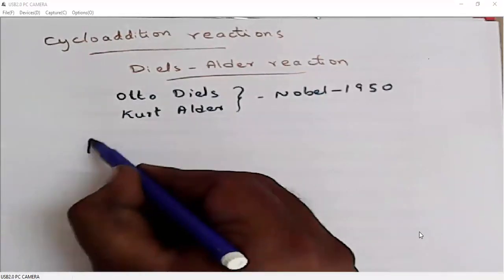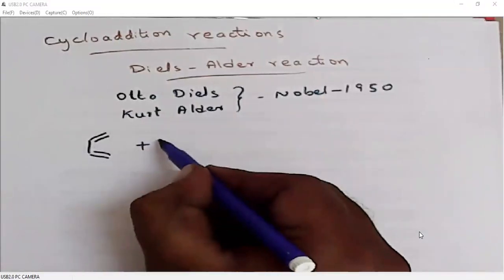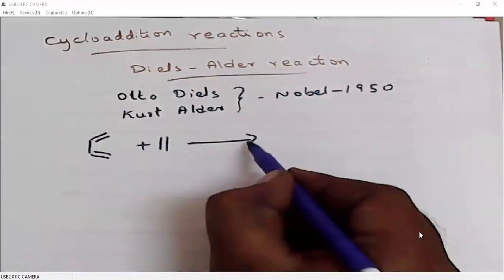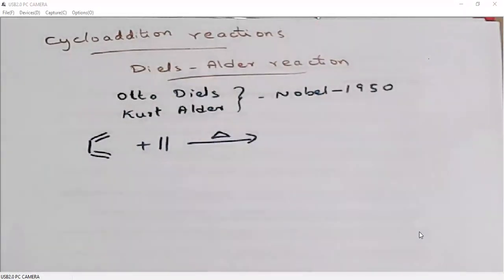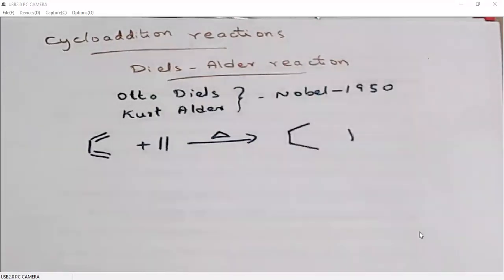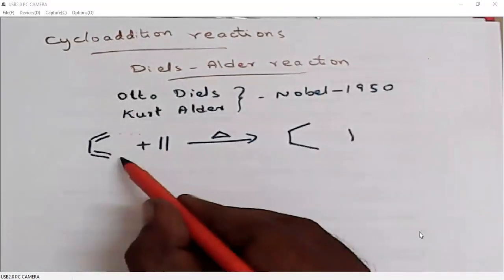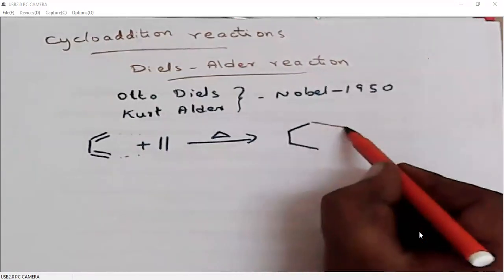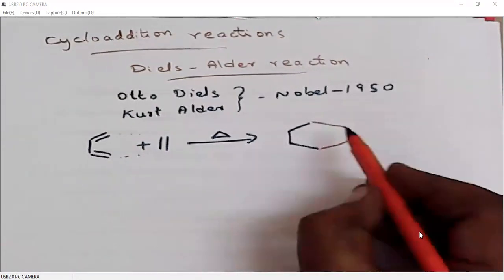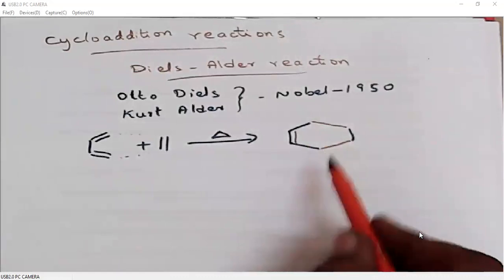A reaction between butadiene and ethylene under very high temperatures, which leads to a bond formation across the two ends. So a bond formation takes place here. Similarly, a bond formation takes place here. So which generates a six-membered ring with rearrangement in pi bonds.